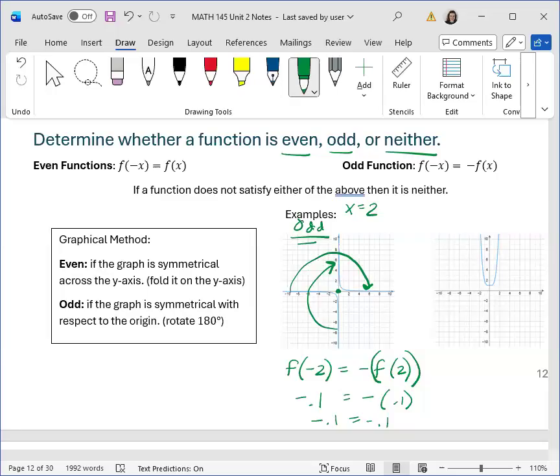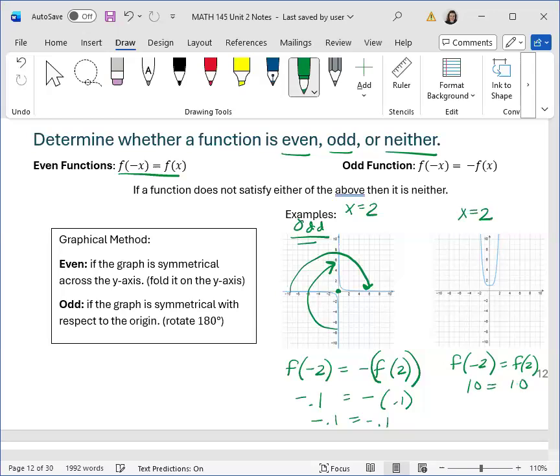Okay, second example, I'm going to stick with an x value of 2, looking at this graph. Again, I'm going back to the even definition, which says f of negative 2 should be equal to f of 2 if it's even. So when x is negative 2, it looks like the y value is 10. And when I evaluate an x value of positive 2, the y value looks like it's still 10.